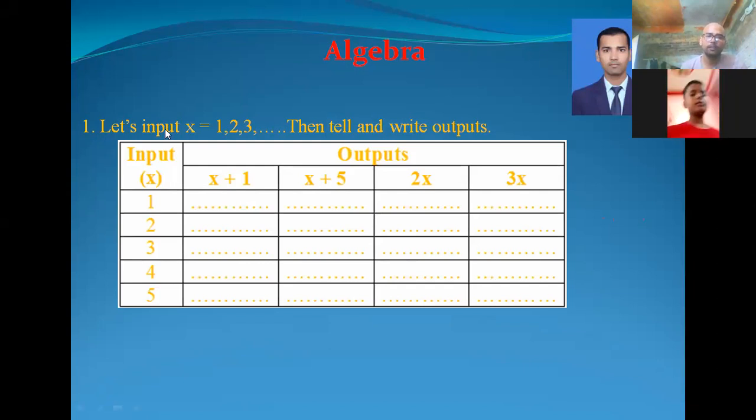Input x is equal to 1 to 3 dot dot dot. There may be other values also given. Then tell and write the outputs. Look here. We have the question on the screen. Input x is equal to 1 to 3 dot dot dot. It means the inputs are given up to number 5.